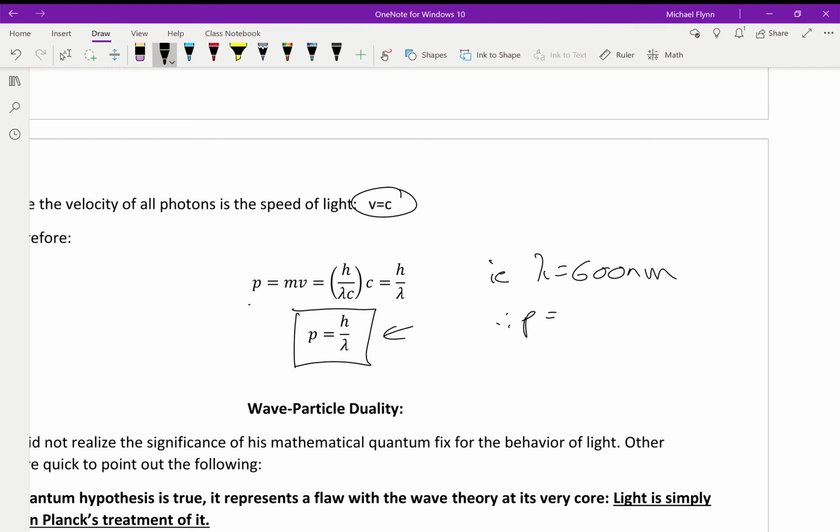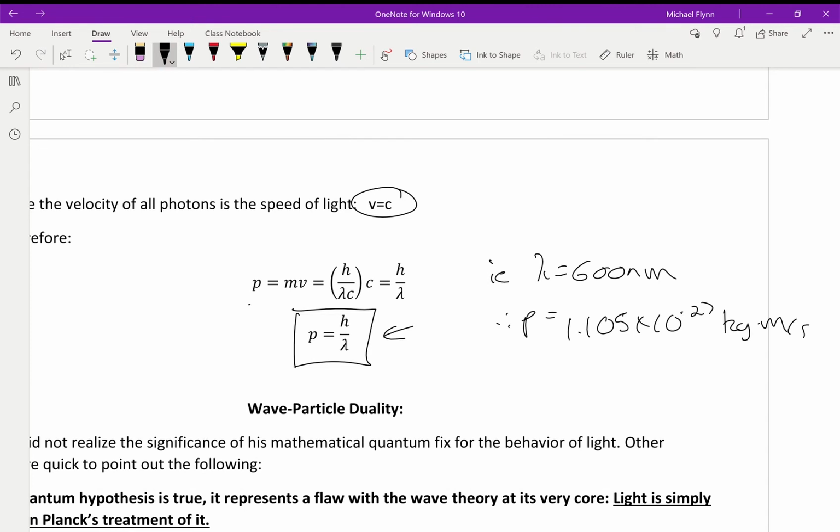Okay, so the momentum of a red photon would be Planck's constant, which is 6.63 times 10 to the negative 34, divided by 600 times 10 to the negative 9. I get 1.105 times 10 to the negative 27 kilograms times meter per second.